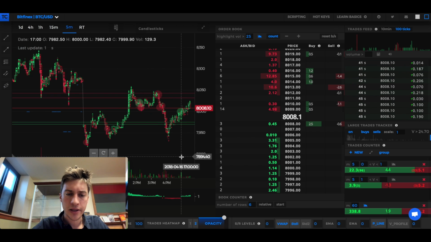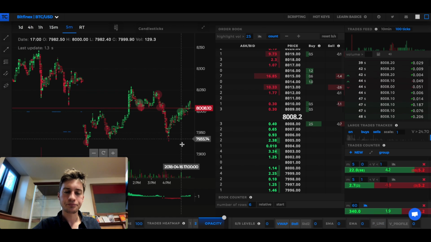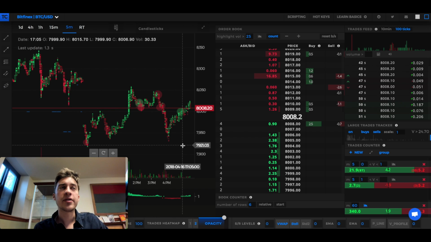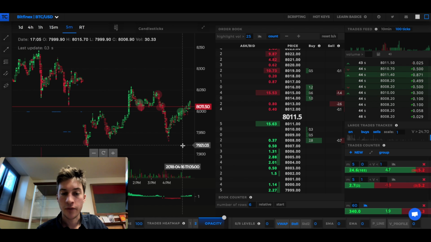So typically, just talking about volume, let me disable that. Just taking a step back and talking about how volume operates. Typically, before a large price move occurs, we are going to need to see accumulation or distribution by institutions.